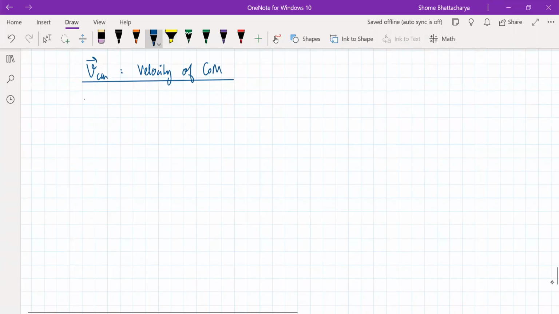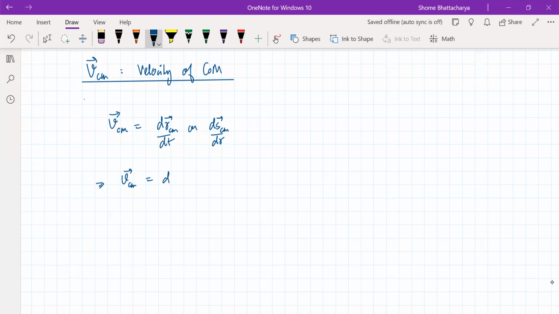Either way we can define it in terms of instantaneous displacement or instantaneous position, because in a small time dt, the displacement ds is the same thing as the change in position dr. So whether we define it this way or this way, it's one and the same thing. So we can write it as rate of change of summation mr divided by summation m, keeping in mind that all the mi's are fixed.